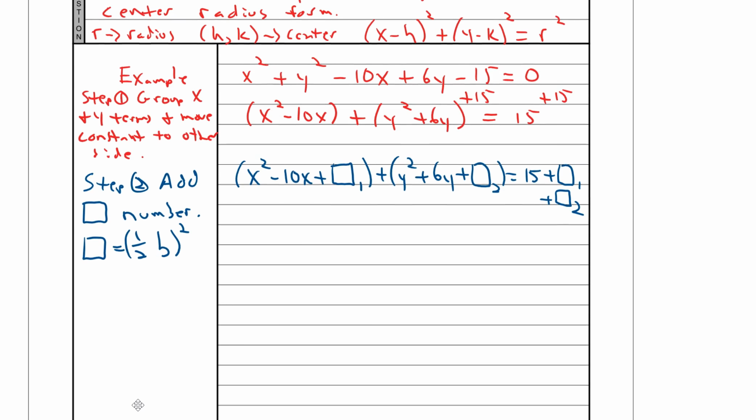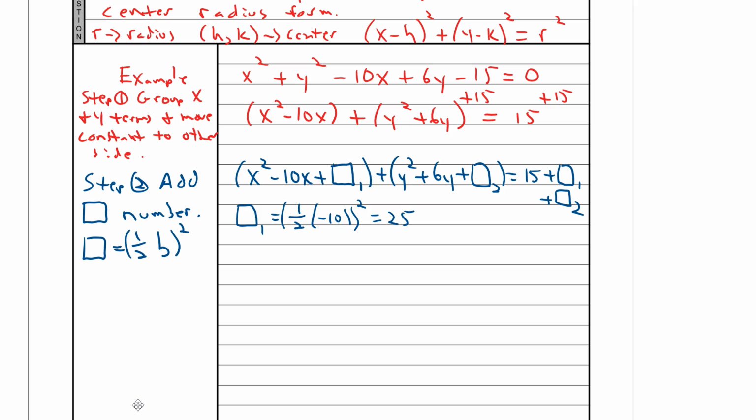Alright, so what is this box number? It's half of the linear term squared. So box 1 will be 1/2 of that minus 10 squared. Well, half of minus 10 is minus 5 squared is 25.